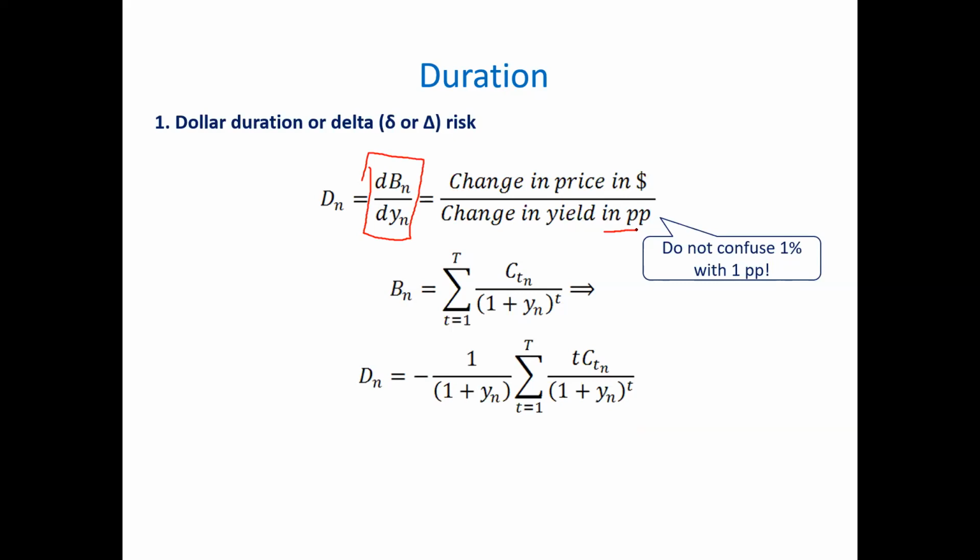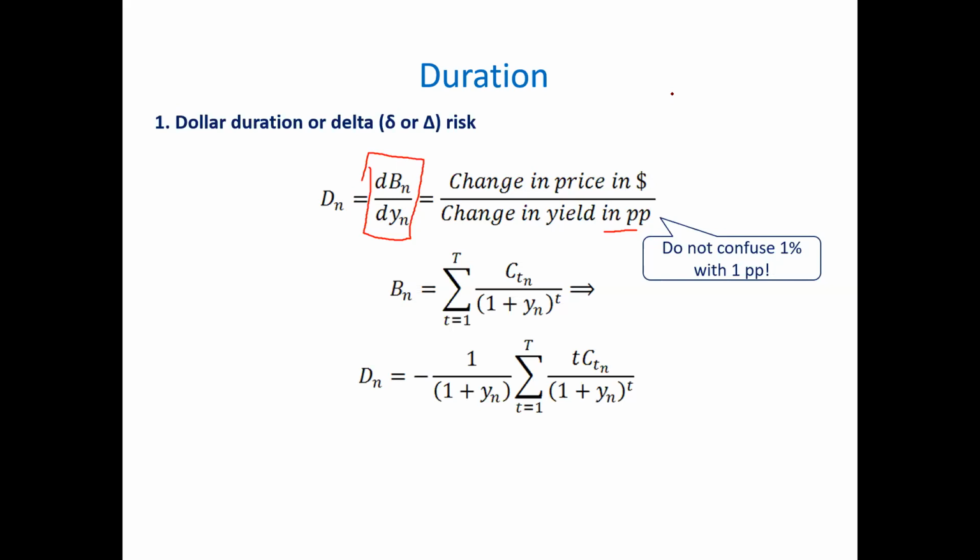Here sometimes students get confused because they don't understand the difference between percentage points and percent. So for example, 1 percentage point and 1%. This confusion comes from the fact that, for example, we say 1%, 2%, 3%, it's okay. But when we say percent, we actually mean relative change, not absolute change. But the interest rate itself is already measured in percent.